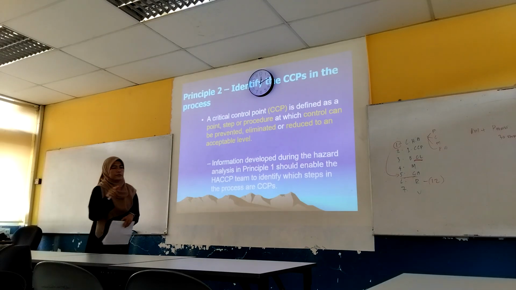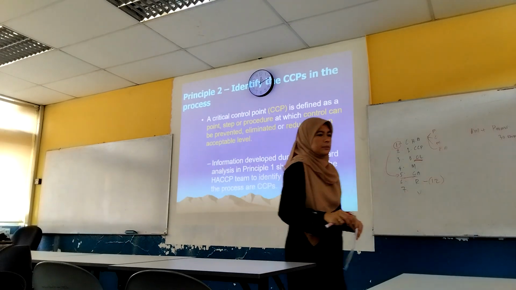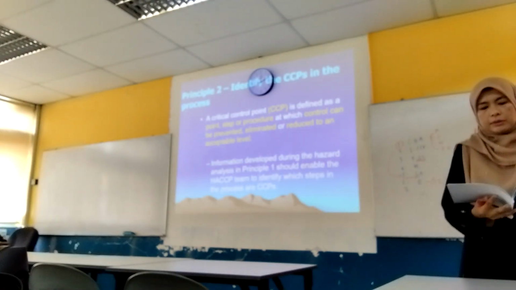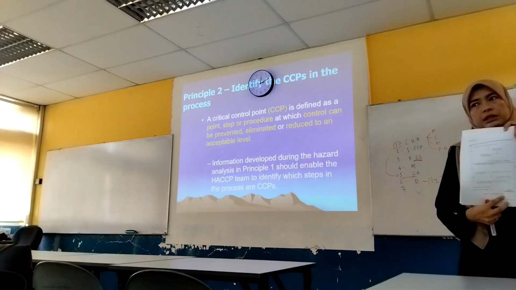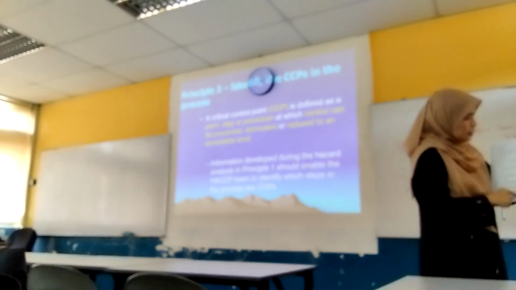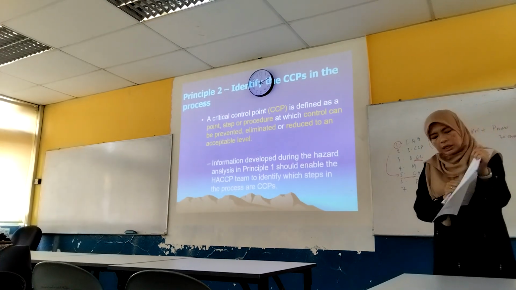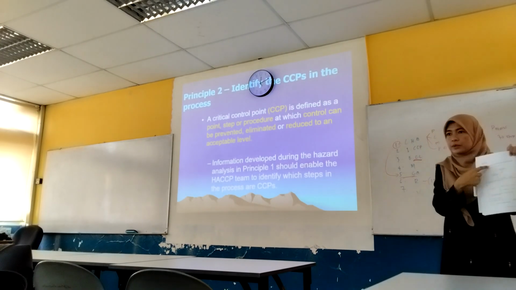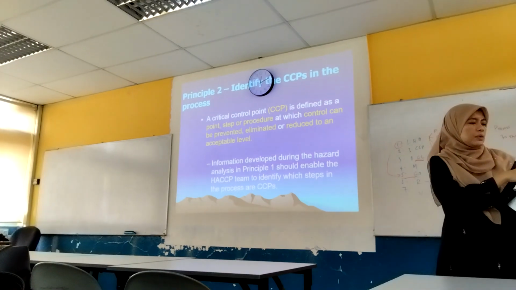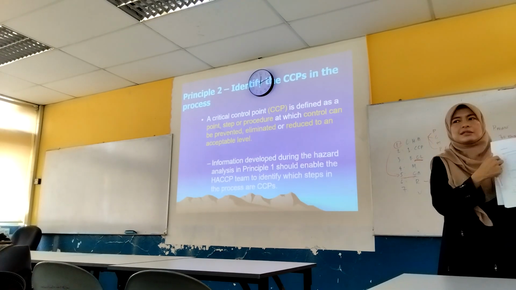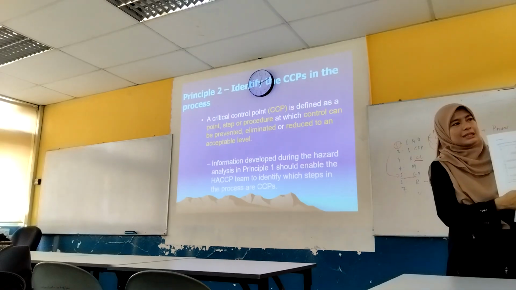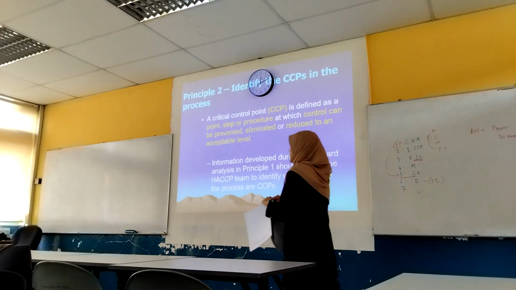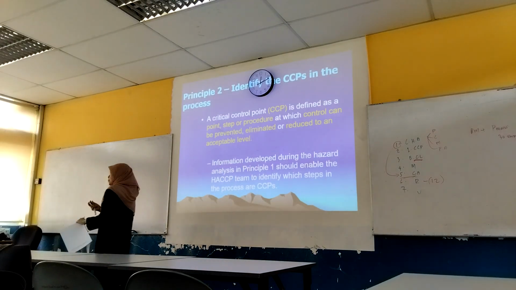If you look through the HACCP standard here, we have the decision tree, a couple of questions, and for each process and each ingredient you need to go through them. You ask the question and answer yes or no, and it will lead to whether it's a CCP or not. That's how you determine whether it is a true CCP.